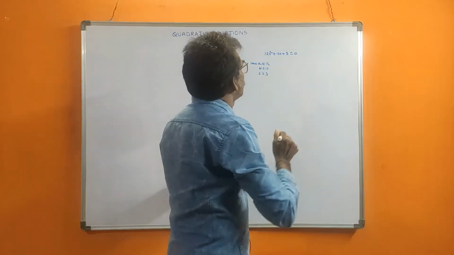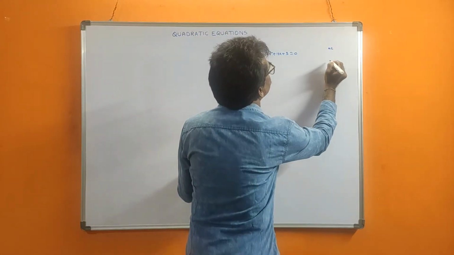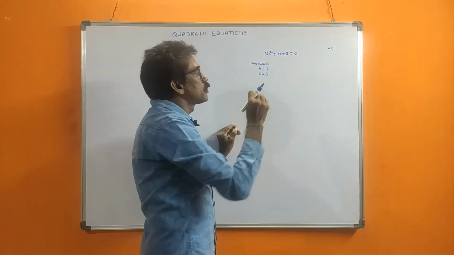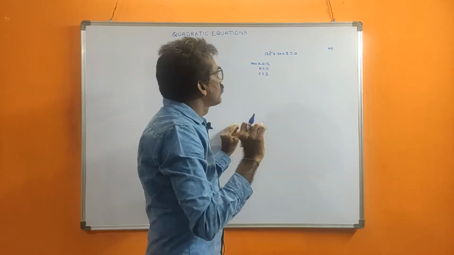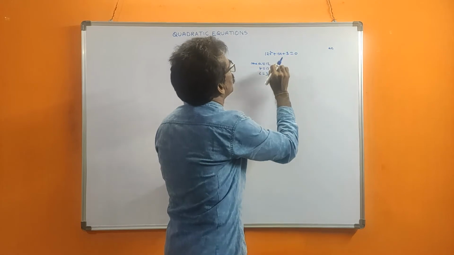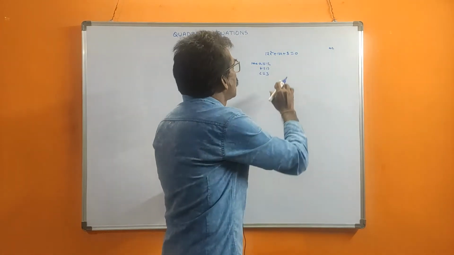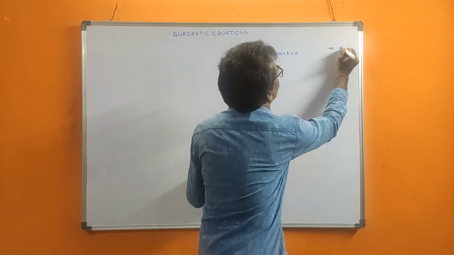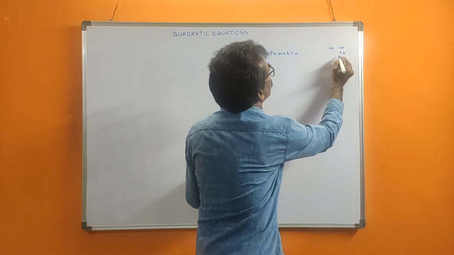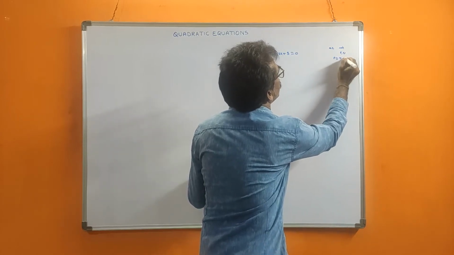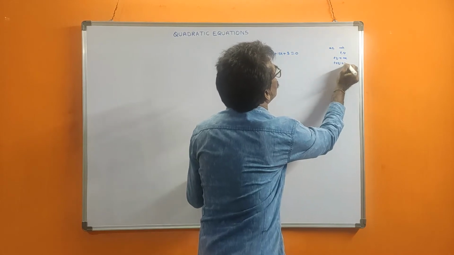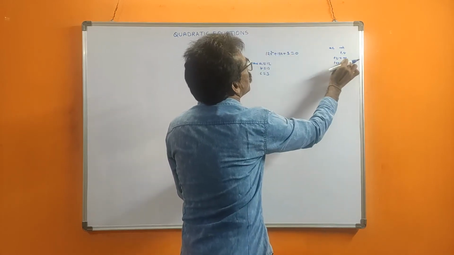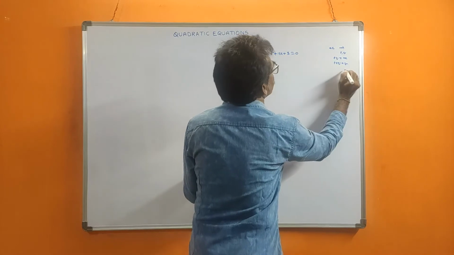How to do it? One method is there. First we should find out AC. We split the middle term B x into a unique splitting, and then we get the factors. How do you get that unique splitting? First you find the AC value, and take two numbers P and Q such that PQ is equal to AC and P plus Q is equal to B. If you multiply the two numbers you get the AC value, here 36.